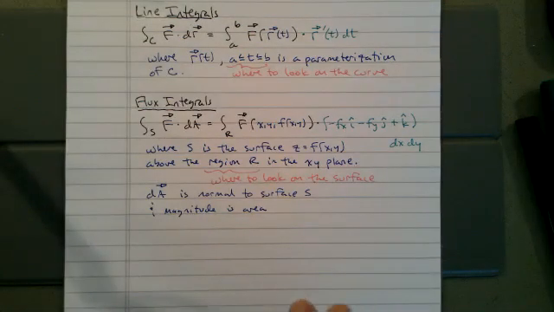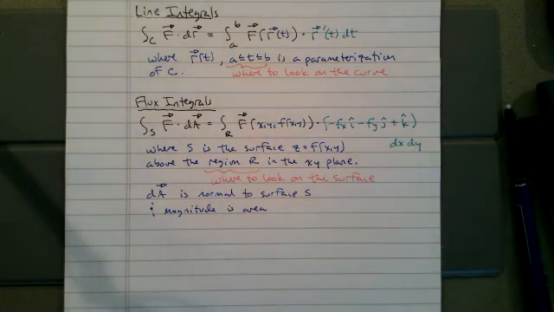So I need a vector quantity that's going to be normal to the surface and whose area is going to be the magnitude. So I need to take a couple of vectors. The area is going to be a magnitude, and the direction is going to be normal.